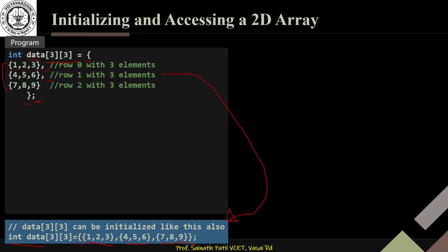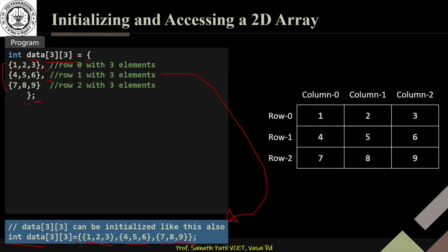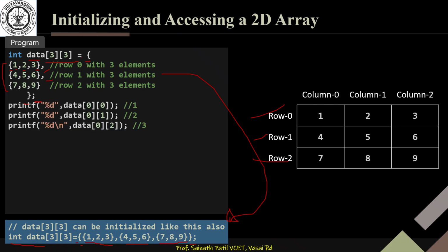When you declare it like this, it will look like this: row 0, row 1, row 2 stored in a table or matrix format. To access them or to display an individual element, we use a printf statement for each element. So printf %d, comma, data[0][0]. It will print the 0th element, that is 1.